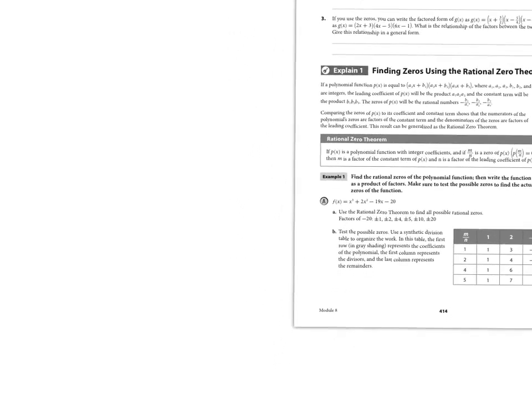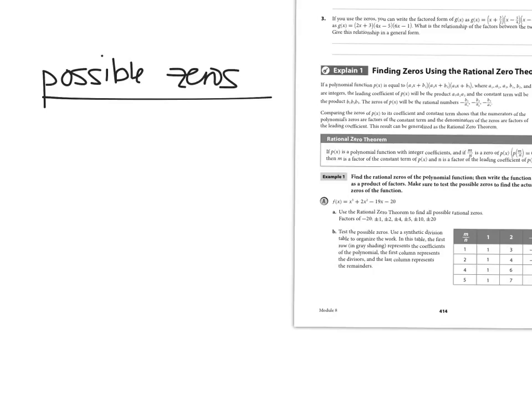And what the rational zero theorem says, essentially, summing it up into words that actually make sense, is that you can make a list of all of your possible zeros of your function. The rational zero theorem says that you can make a list of all of your rational zeros, all of your possible zeros, by knowing two things.